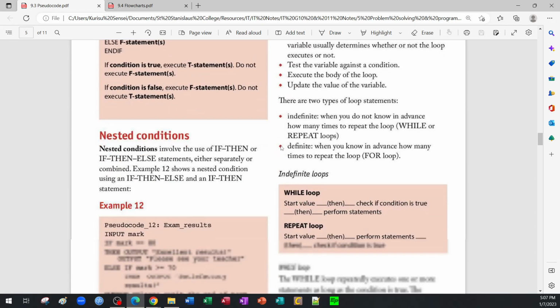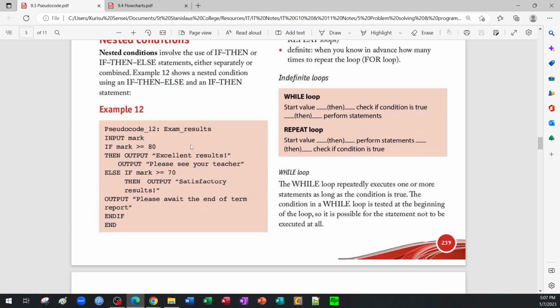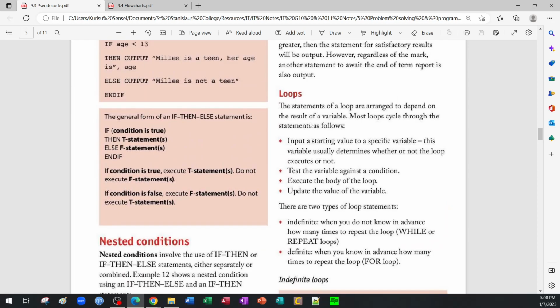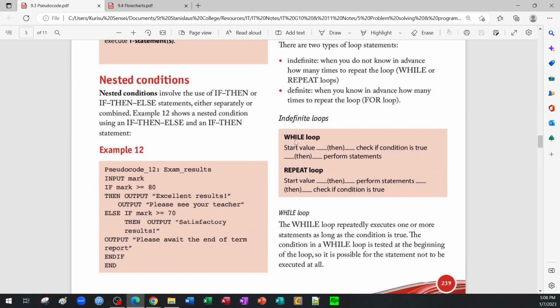And then we looked at nested condition, which is basically putting one if statement inside of another, similar to how you would have done in spreadsheet, where you place one if function inside of another. And we learned about the 3 types of loop statements: the while loop, the repeat loop.